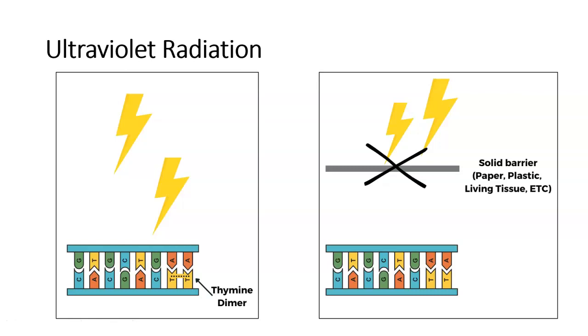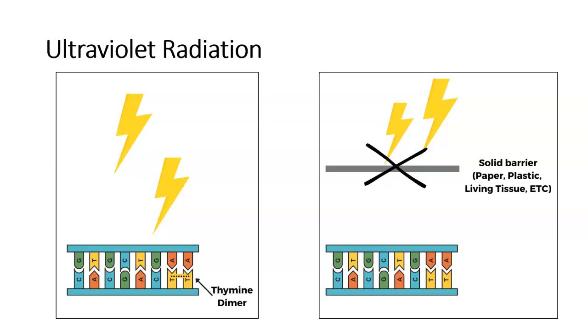Ultraviolet radiation, on the other hand, has longer wavelengths and is not able to penetrate solid barriers like paper, plastic, and living tissue, etc. Ultraviolet radiation, or what we consider ultraviolet light, is able to interact with cells at a surface level, and it can damage cells by causing what's called a thymidine dimer to form, or a thymine dimer.